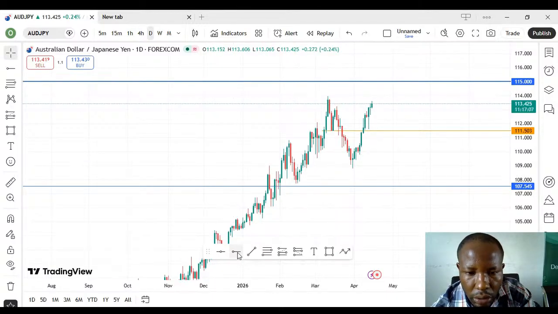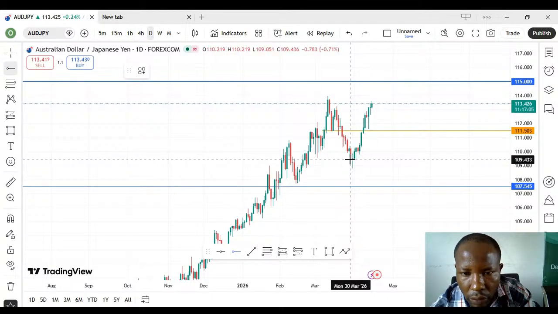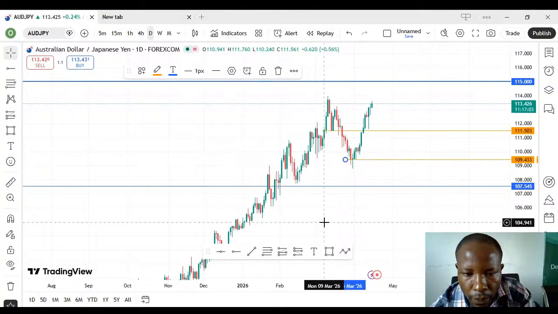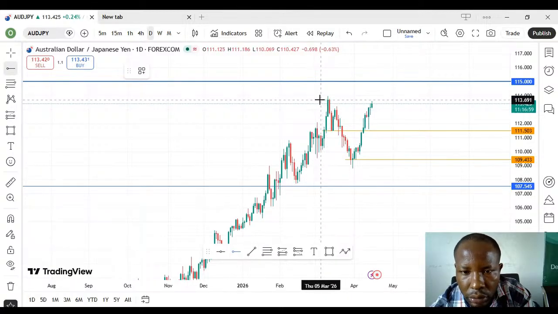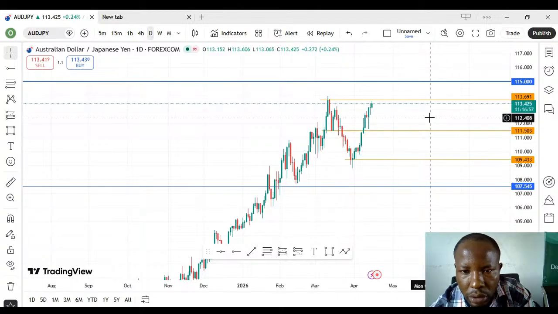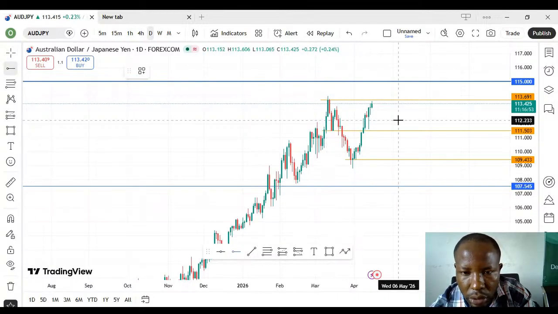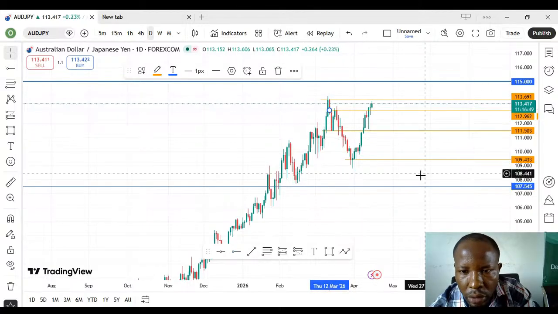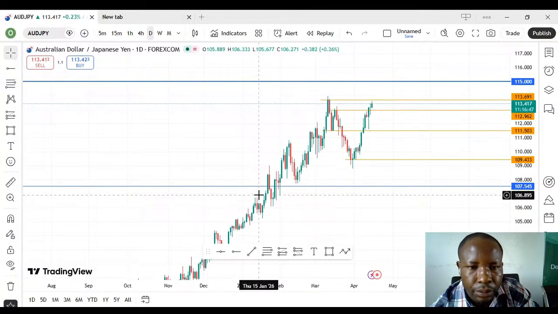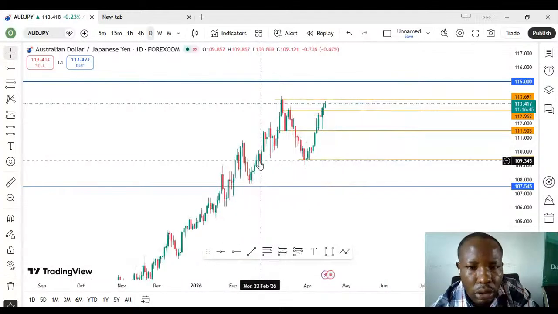Let's mark out our area of concern. These areas are where the market could come and turn around. The market could just come there and start pushing back. Okay, so those are the only areas visible.